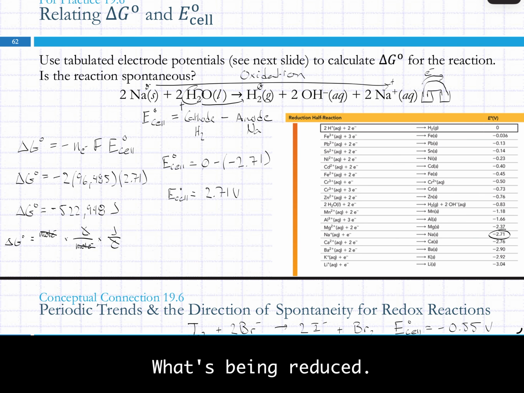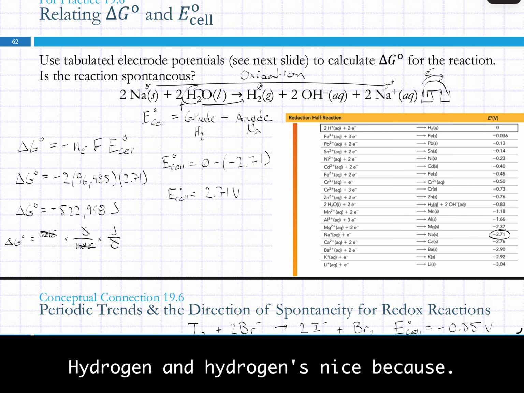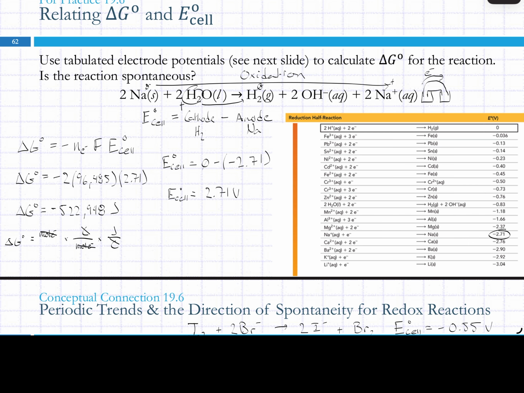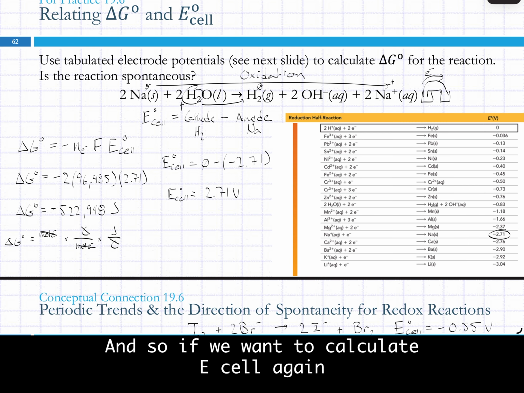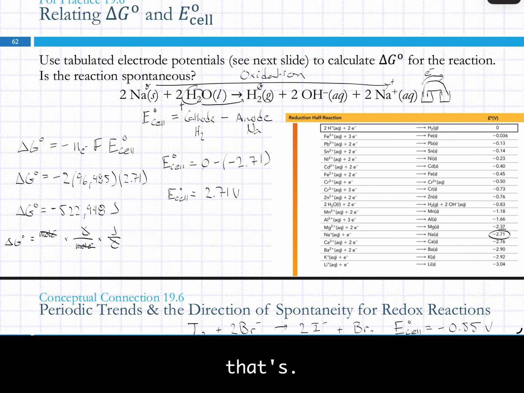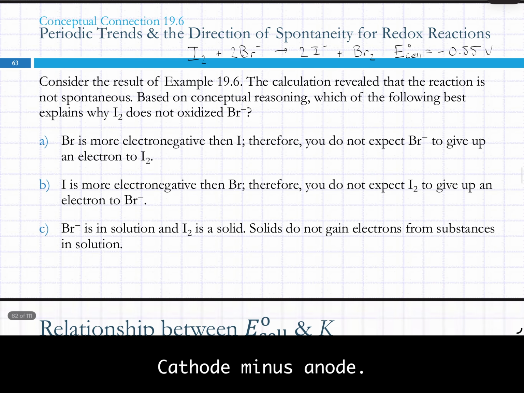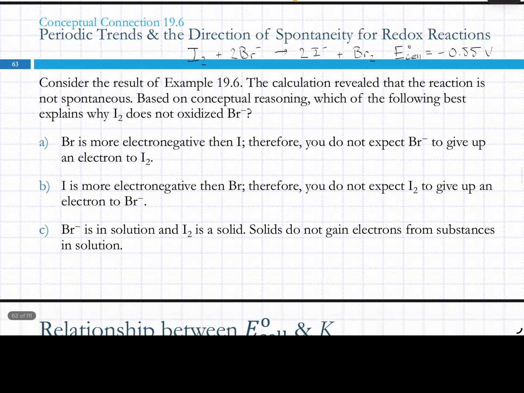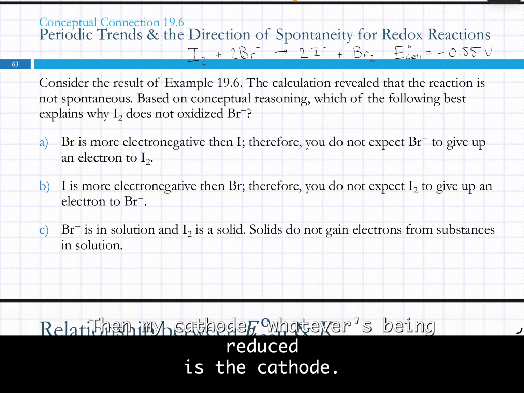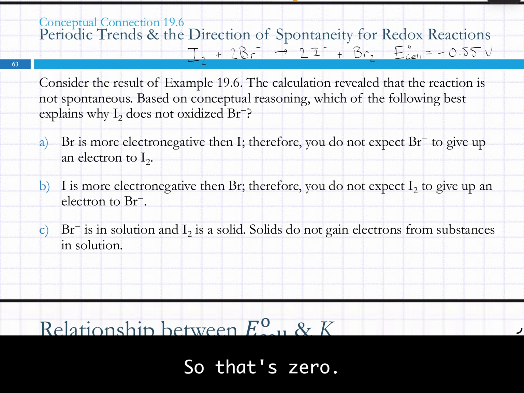What's being reduced? Hydrogen. And hydrogen's nice because its potential is 0. If we want to calculate E cell, that's cathode minus anode. Whatever's being reduced is the cathode. That's hydrogen, so that's 0.